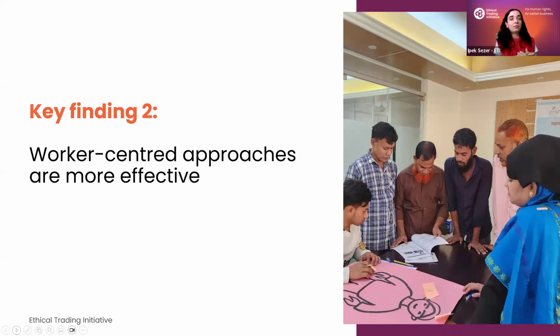Workers understand the realities of their job better than anyone else. So some of the most impactful changes happened when workers themselves started mapping these risks and suggesting solutions. Involving workers directly often resulted in more accurate identification of risk and stronger workplace trust.